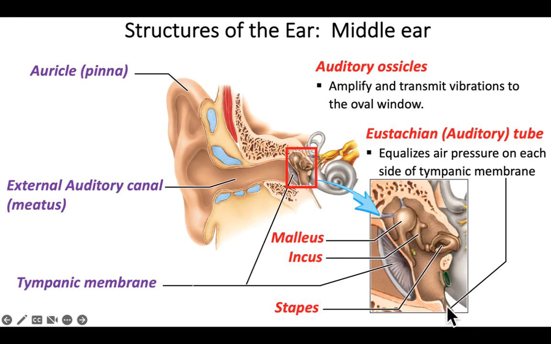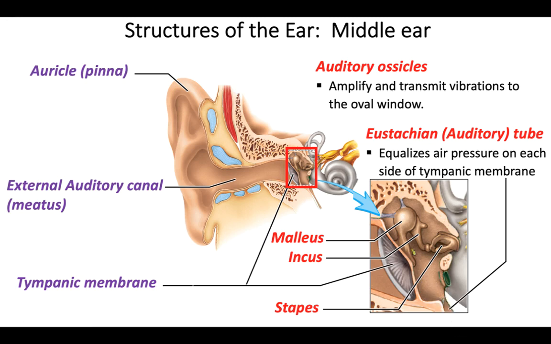This tube opens up to your throat. Your throat is continuous with the atmosphere. So if you're changing, let's say, altitudes, and the pressure in the atmosphere is changing, you have to open up this middle ear to the atmosphere by opening up the eustachian tubes.